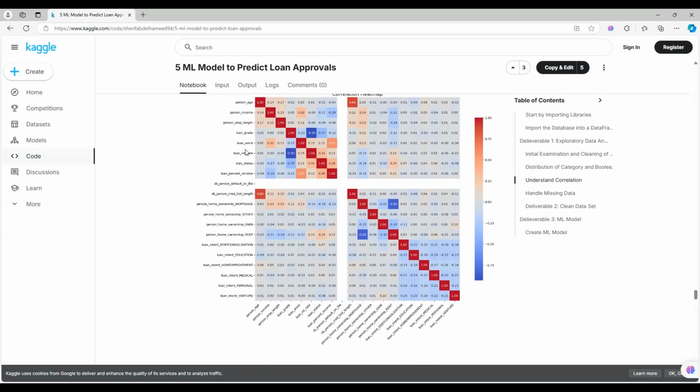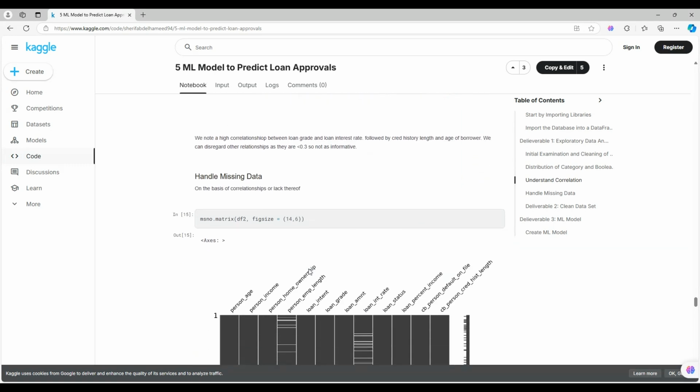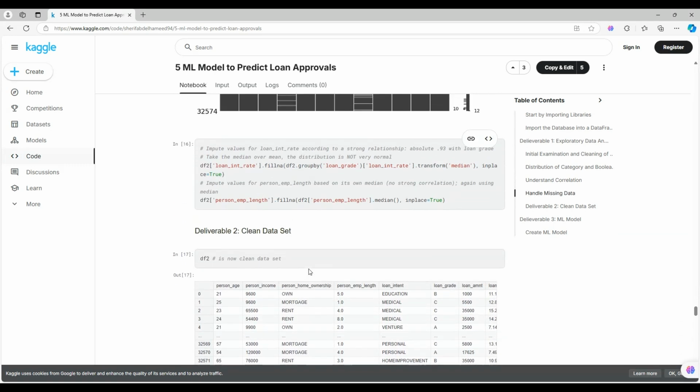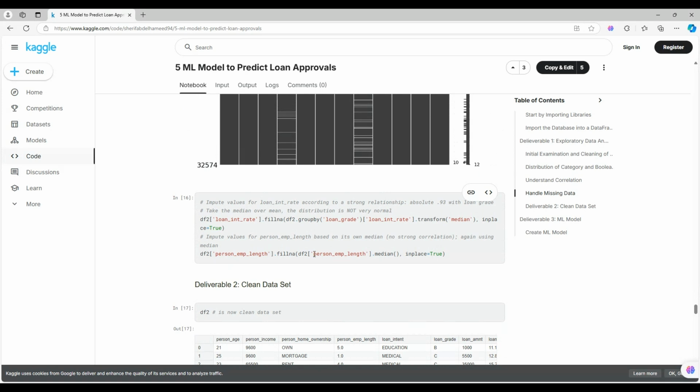Let's take a look here at person employment length. There is no particular high correlation except with itself, of course, which we ignore. So on that basis, we don't have any correlation that can inform the imputation for person employment length. So we choose to fill in the non-available values with the median in place.